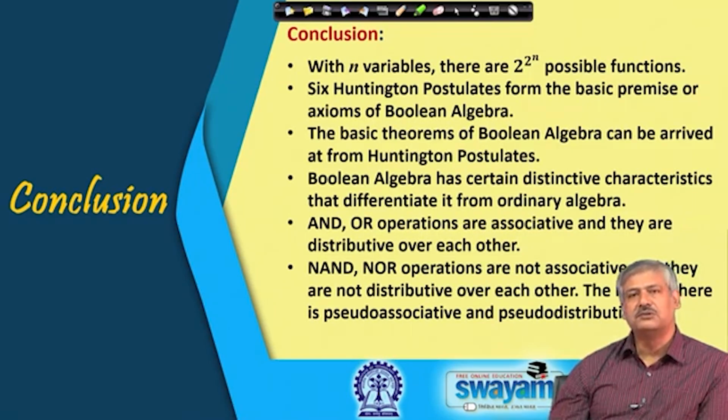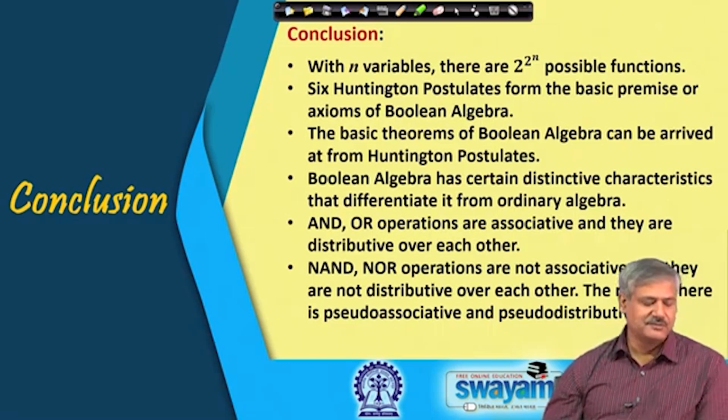These basic theorems and postulates can be used to simplify or prove different identities which are more complex in nature. Boolean algebra has certain distinctive characteristics that differentiate it from ordinary algebra, and AND and OR operations are associative as well as distributive over each other, but NAND and NOR operations are not. Okay. Thank you.